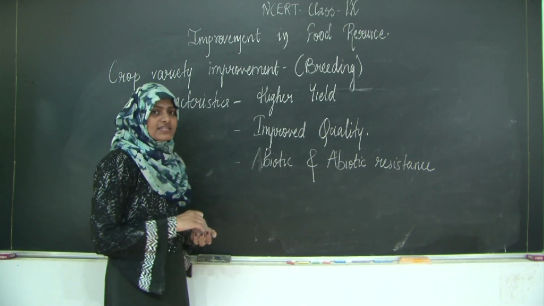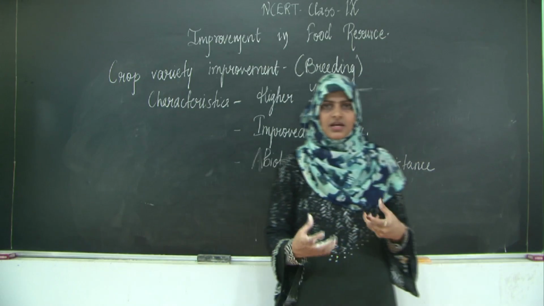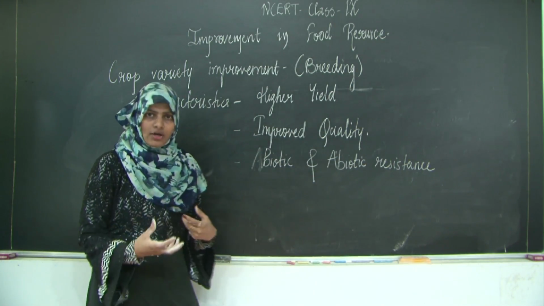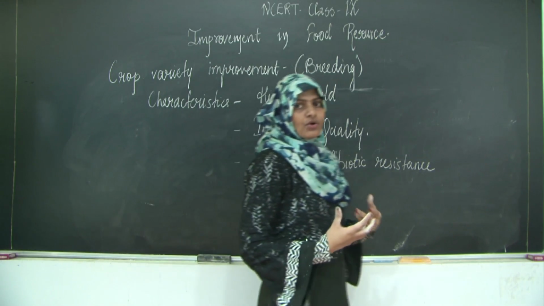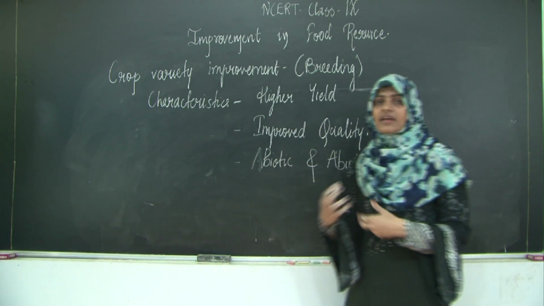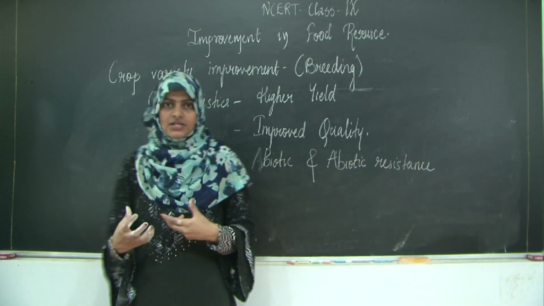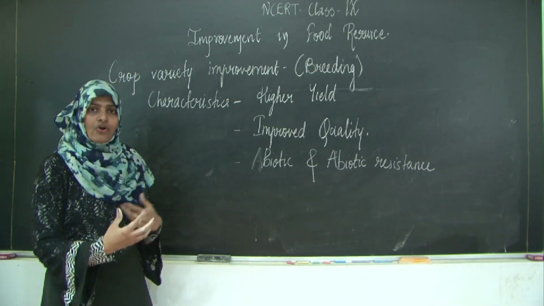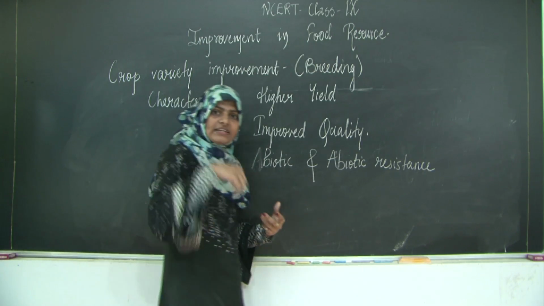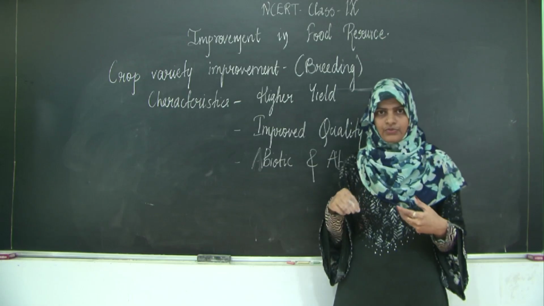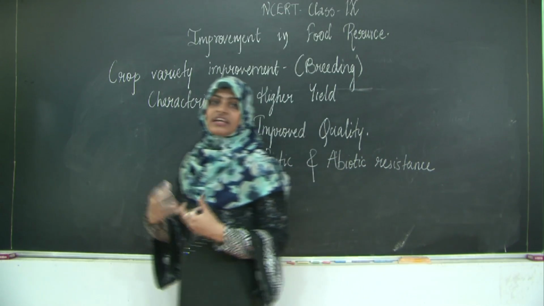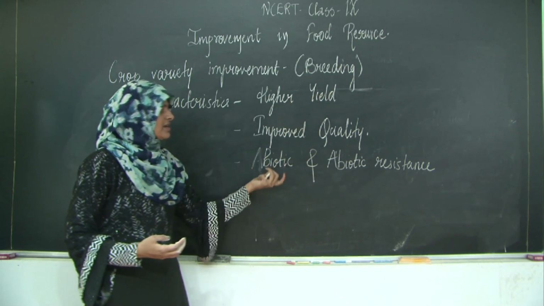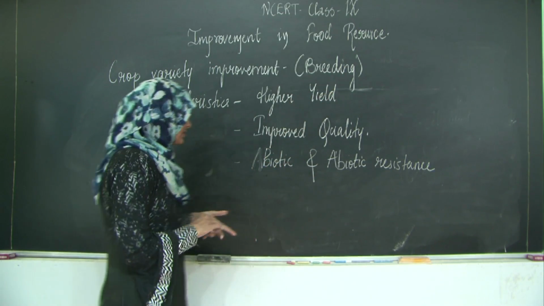Biotic factors like rats, rodents, the pests which eat the crop, and the other ones, abiotic, like drought, flood, etc. So the scientists are in the process of creating such seeds which have biotic and abiotic resistance. So whether it is drought, flood, or pests, they internally have the medicines for the pests, so the pests do not infect them. So the third characteristic for which you do breeding is biotic and abiotic resistance.